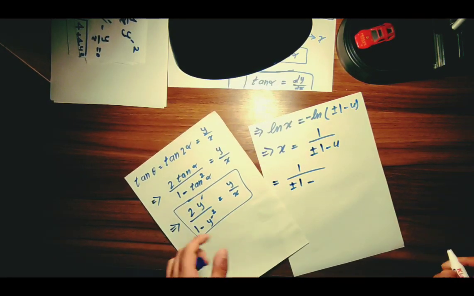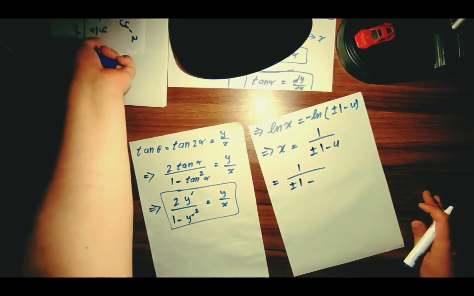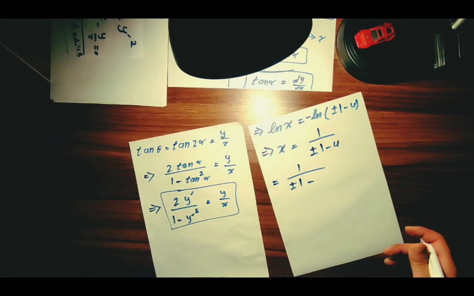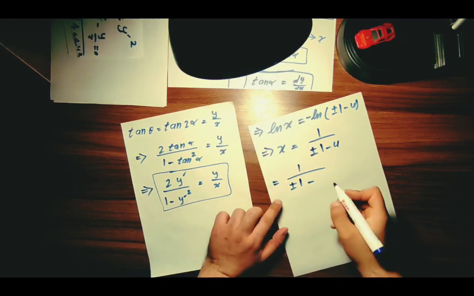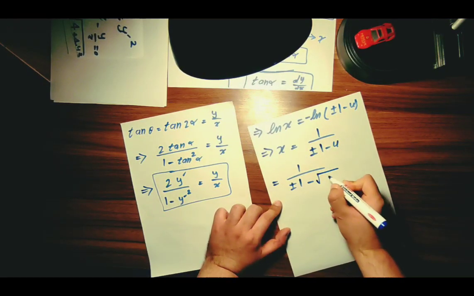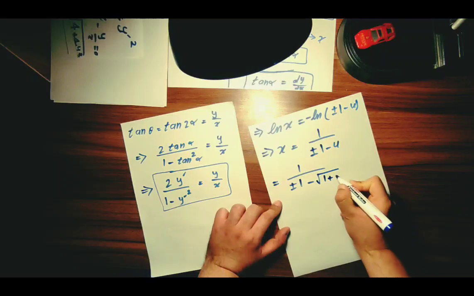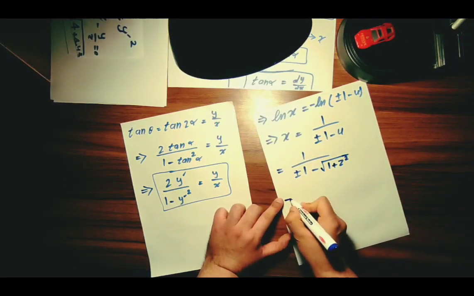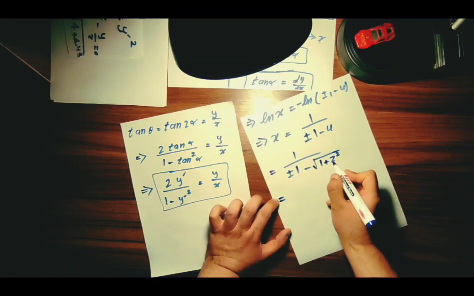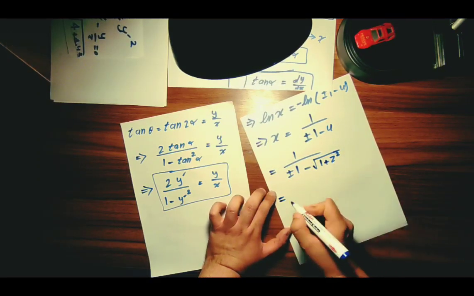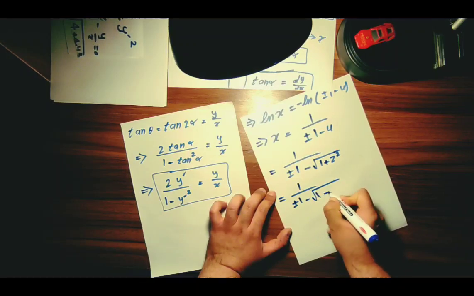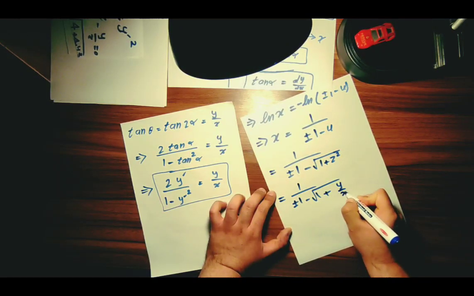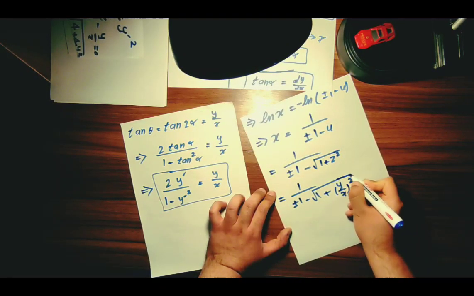What was u? Oh my god, these are papers, but we can remember u. I can remember u, radical 1 plus z squared, and is equal to, and what was z? It was y on x, the whole squared.